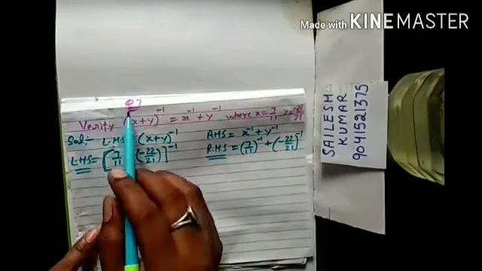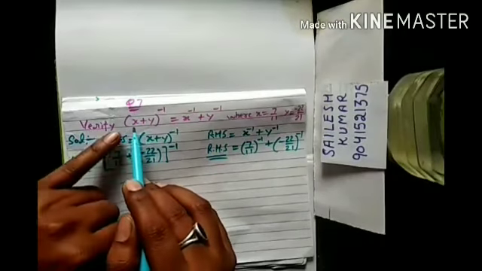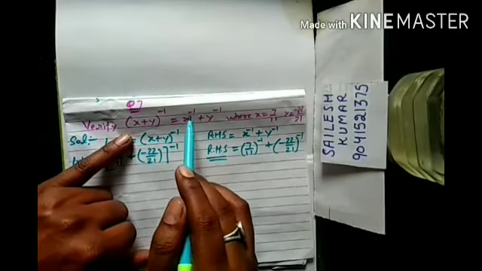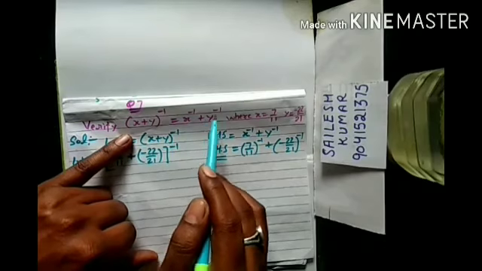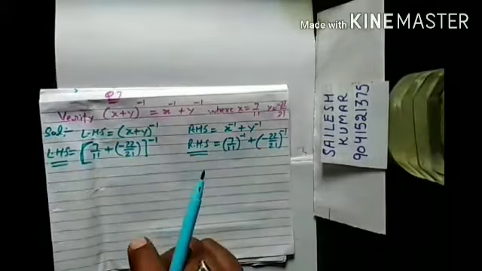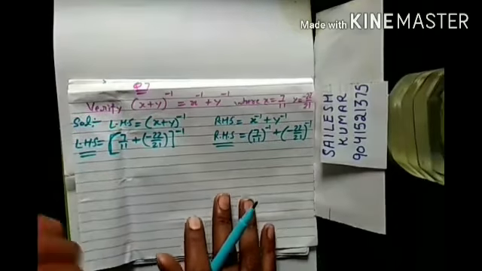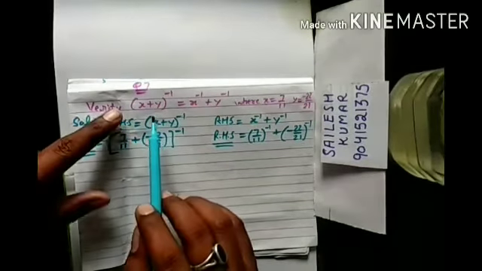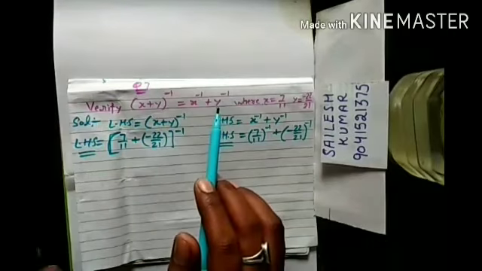As you will see in question number 7, we have to verify that x plus y bracketed power minus 1 should be equal to x power minus 1 plus y power minus 1, where the values of x and y are given in the form of rational numbers. So let's check. Verify means we have to check whether the answer for the left hand side is equal to the right hand side or not.